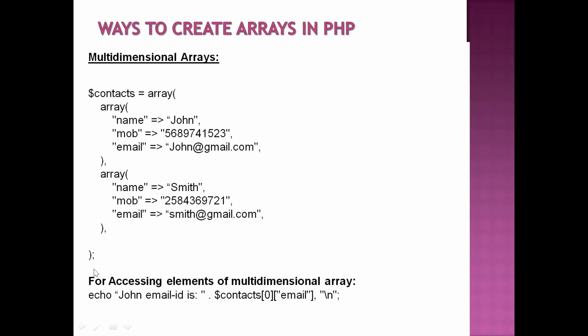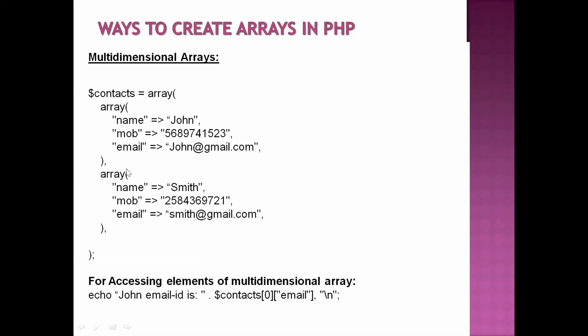Now if you want to access the elements of the multi-dimensional array, we need to pass 2 indexes. One index is for the array, the second index is for that particular field. Right? Now in this case, I am creating the $contacts array. In this, array of 0 contains John's information. Array of 1 contains Smith's information, right?